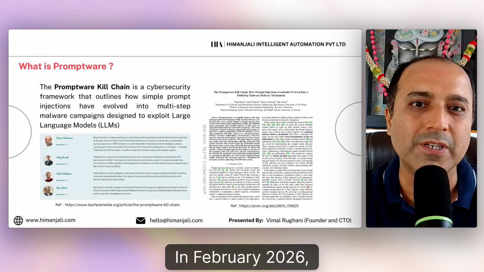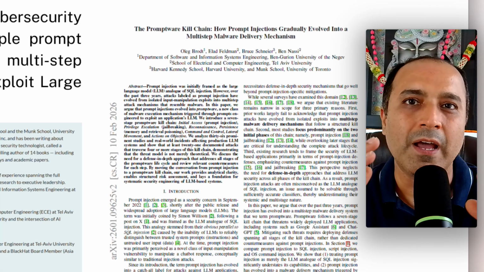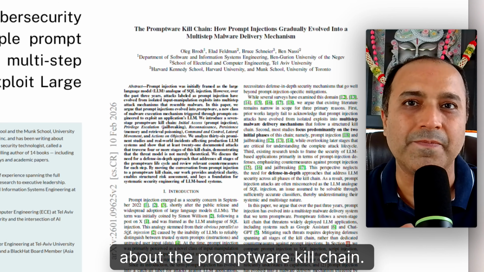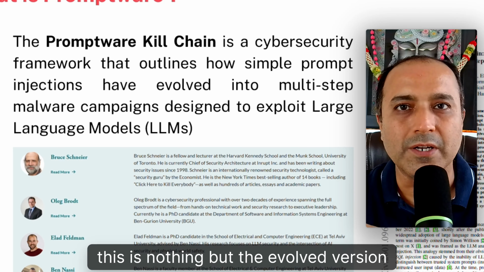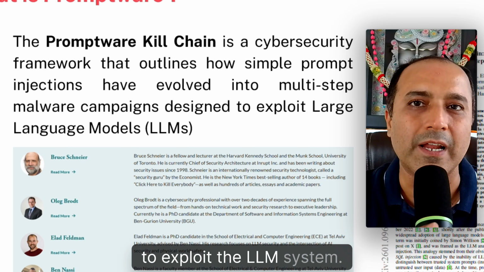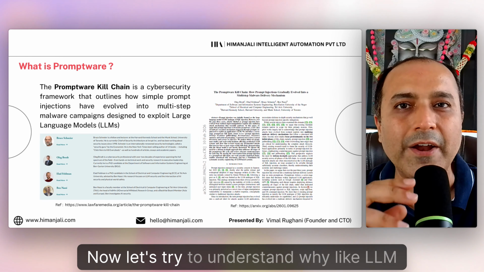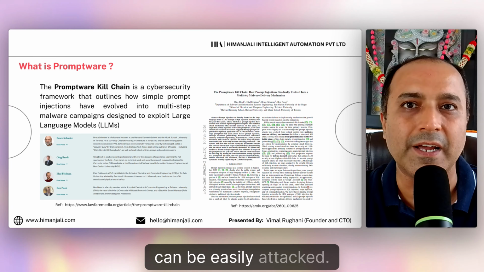In February 2026, Bruce and other researchers published a paper about the promptware kill chain. As per the document, this is nothing but an evolved version of prompt injection, having multiple steps to exploit the LLM system. Now let's try to understand why LLM systems are so vulnerable that they can be easily attacked.